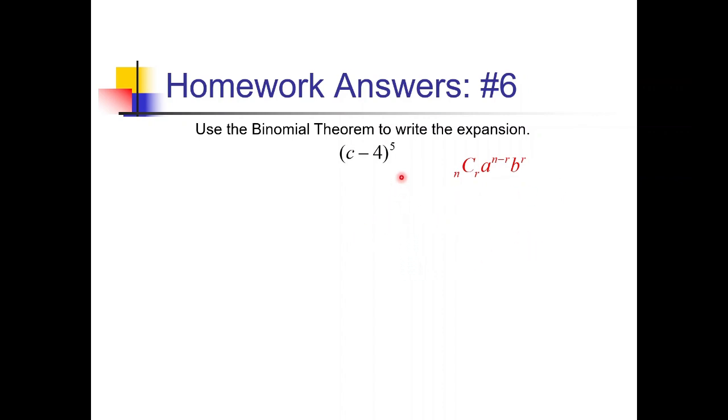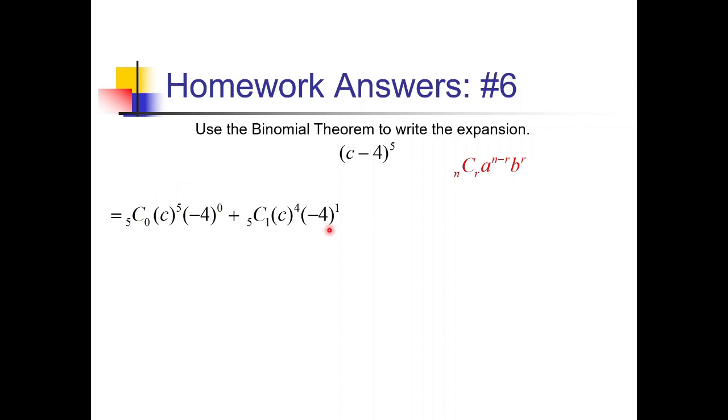So let's start with 5 choose 0, and then we have a to the 5 minus 0, so a to the 5th. In this case, a is really c, so c to the 5th. And then our b value is negative 4, so that's going to be negative 4 to the 0 power.